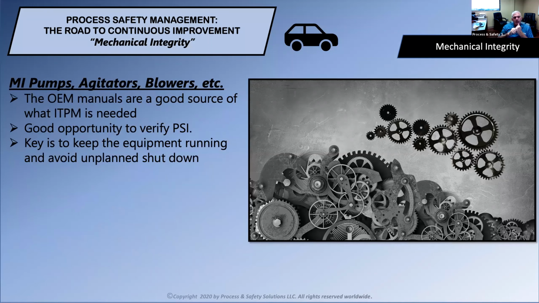Okay, so MI on pumps and agitators and blowers, and this is something that quite often we don't see get inspected because people will say, I couldn't find a RAGAGEP. But if you look at the manuals on most pumps, agitators, blowers, etc., they will have a maintenance section in the back that specifically outlines those items that should not only be PM'd, but those inspections and tests that you may be required to do on some frequency.